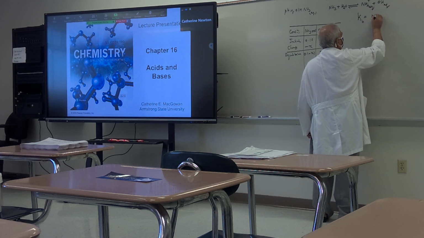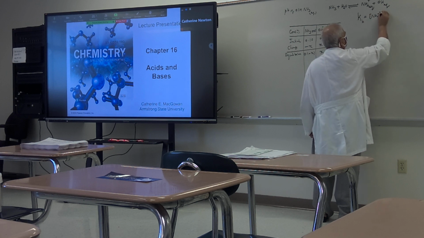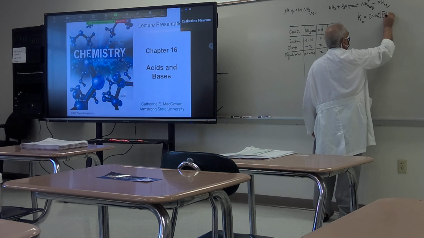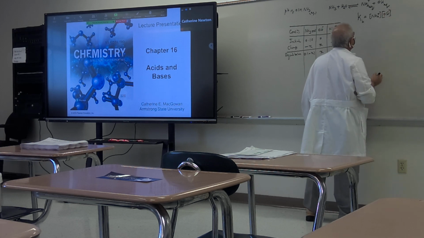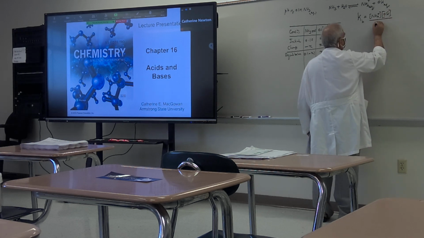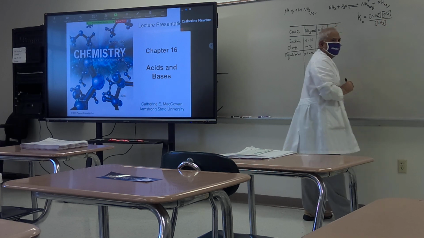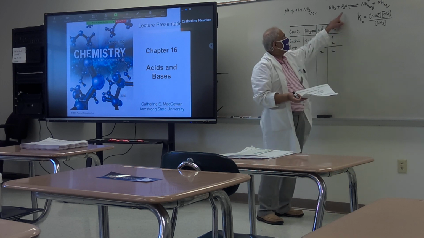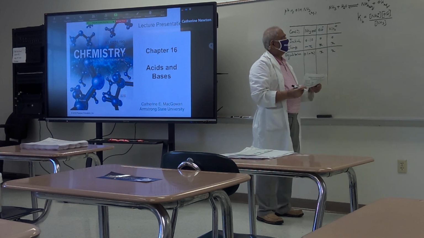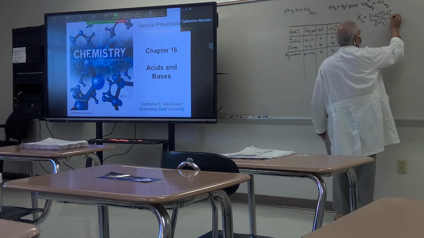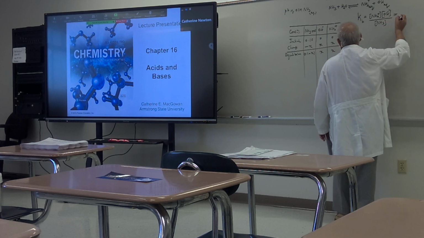Concentration of ammonium ion, concentration of OH minus ion, lower concentration of ammonia. Because water is a pure liquid, it will not appear. Based on that, what is the concentration of ammonium ion?